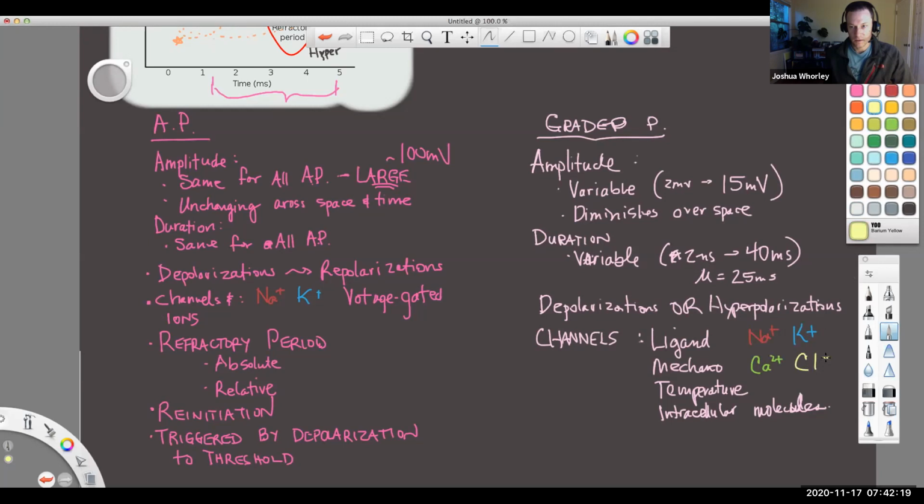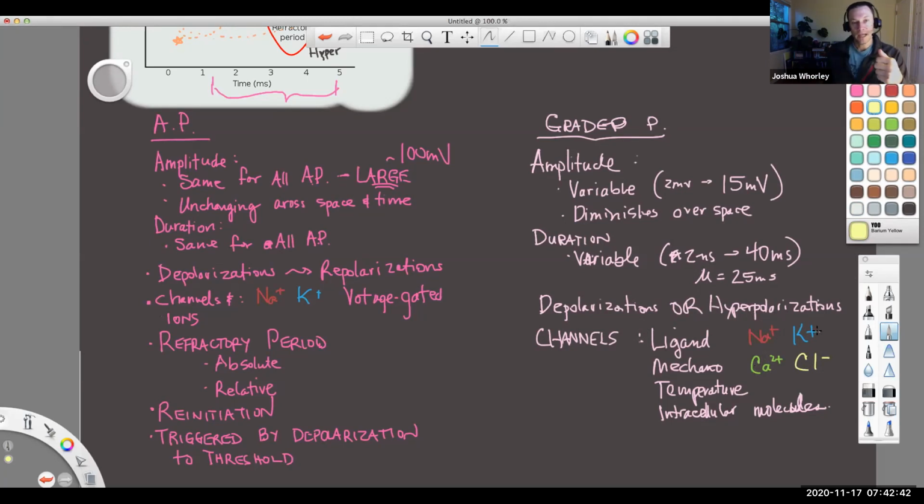We haven't talked about chloride before, but chloride is at very high concentration outside the cell, low concentration inside the cell. And so that's why they can either be depolarizing or hyperpolarizing stimuli, because if a cell's at rest and you open a sodium channel or a calcium channel, you expect positive charge to flow in, depolarizing the cell toward threshold.